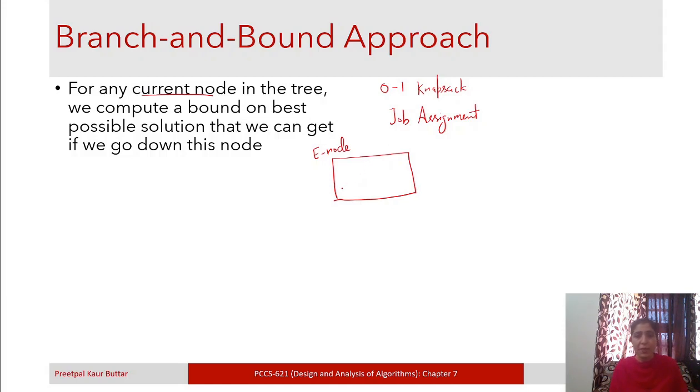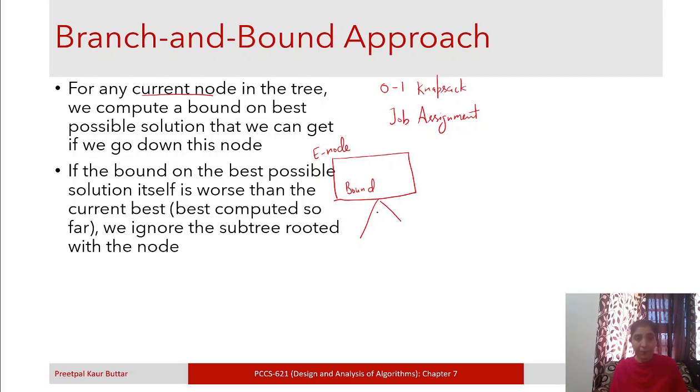For minimization problems, we calculate a lower bound, and for maximization problems, we find an upper bound. For every node which we are going to explore, we compute a bound on the best possible solution which we can get if we go down this node.